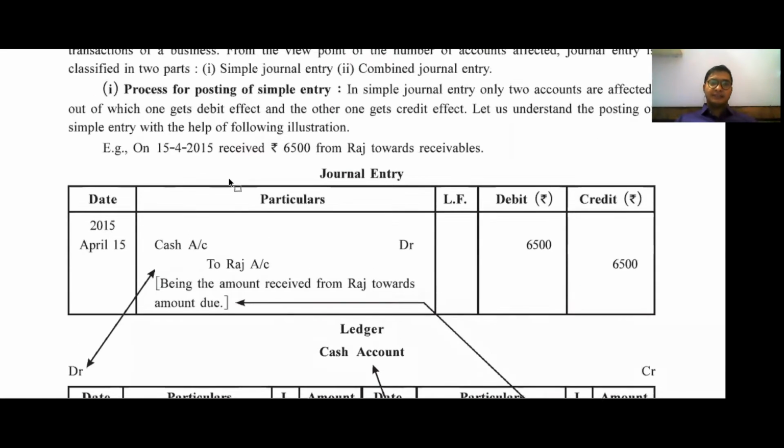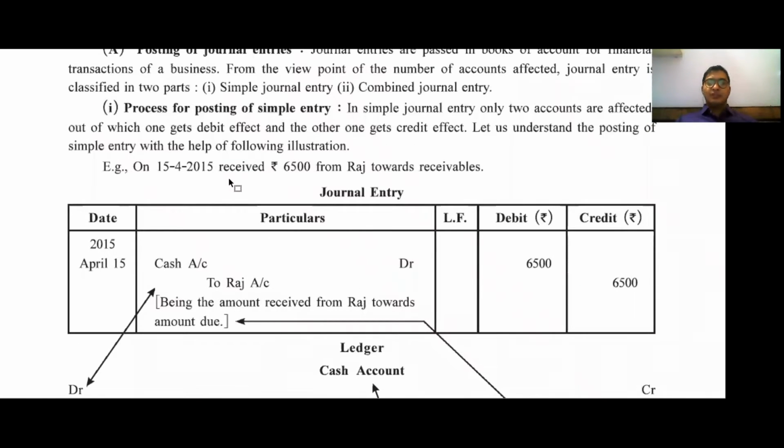Here, there is an example. First of all, I am explaining the ledger posting on the basis of a journal entry, and here it means only a single journal entry. Suppose on this date we received 6500 from Raj.